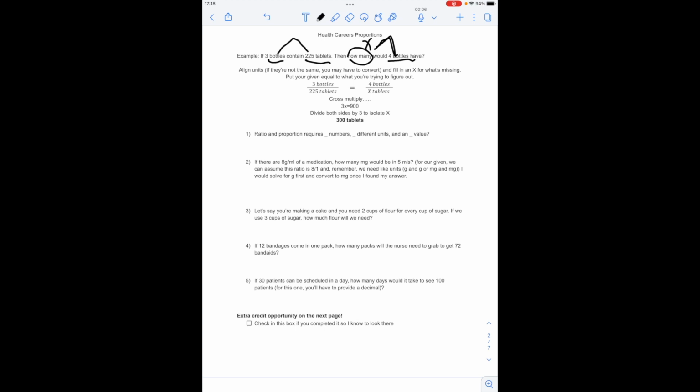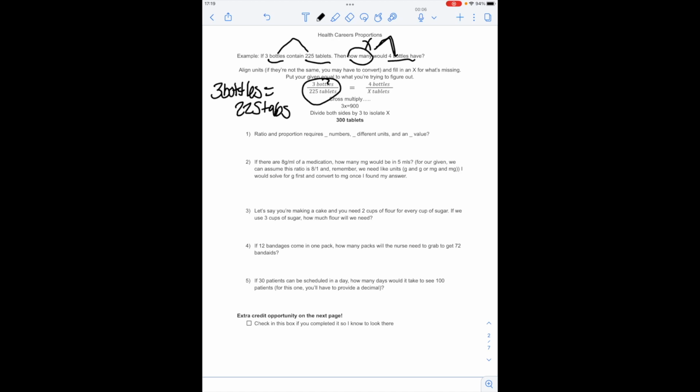Whenever we make a ratio out of something equaling something else, like 3 bottles equals 225 tabs, we can either put the bottles in the numerator or denominator. It doesn't matter. In this case, we put the bottles in the numerator, tablets in the denominator.